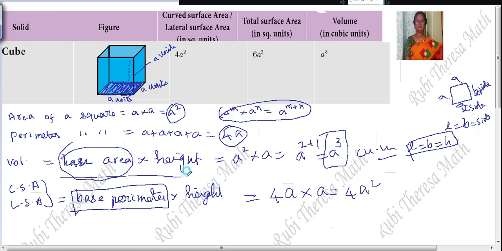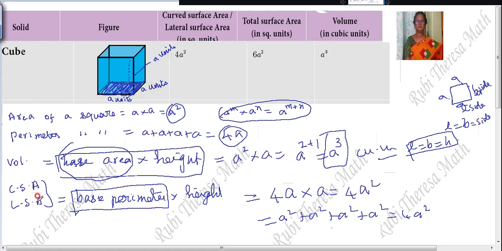So you should know these two concepts, then very well you will be able to write these two formulae. Otherwise you can say that since all these four sides are squares, it is A square plus A square plus A square plus A square, 4A square. So for volume, you have to write base area.